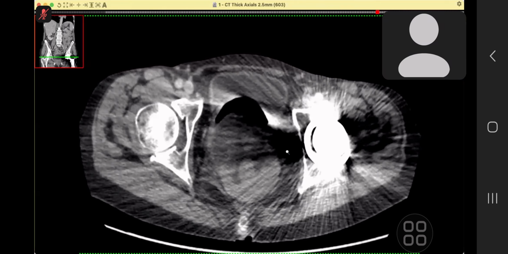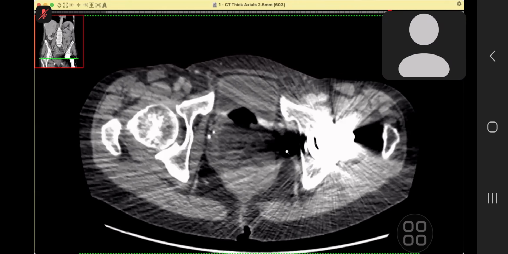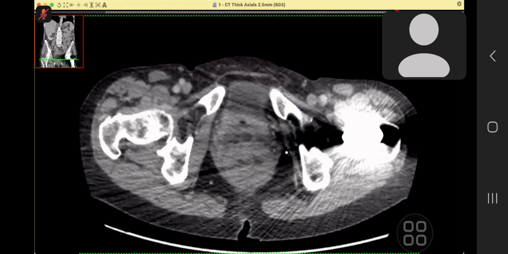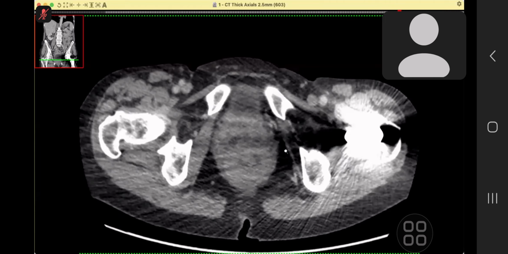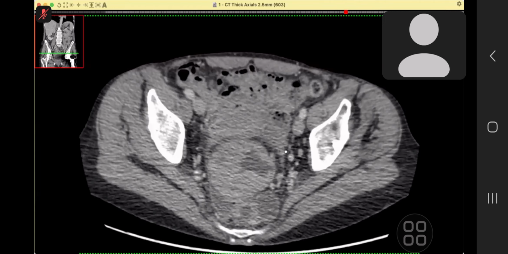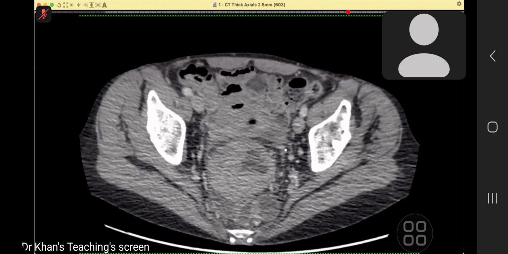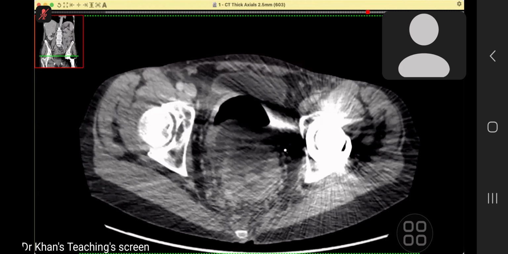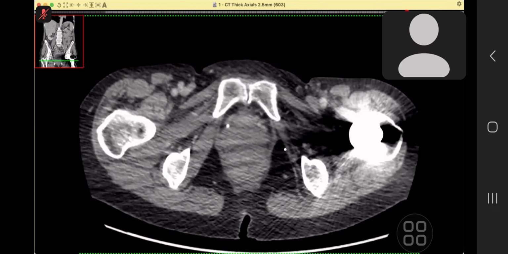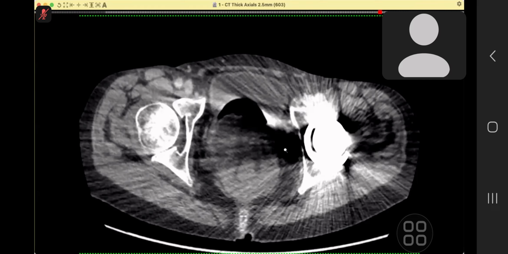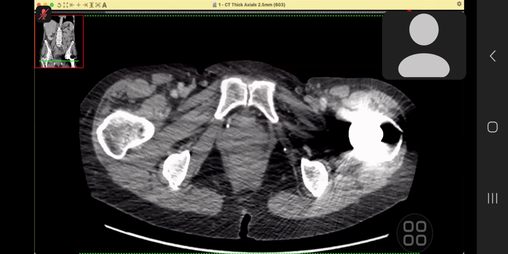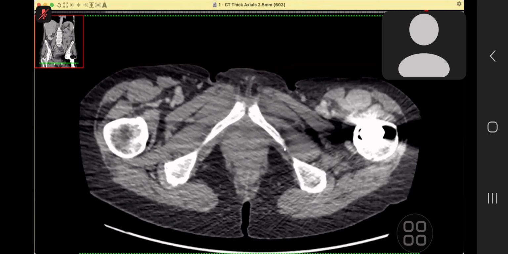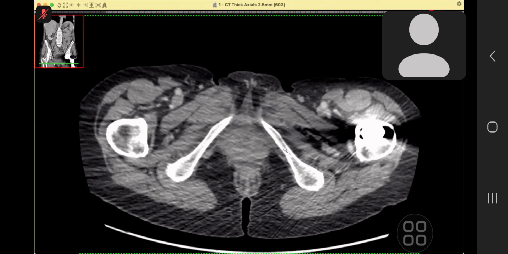I'm trying to trace the rectum. I think there is concentric thickening involving the posterior aspect. Can we go down again, please? There is concentric thickening in the anal canal and lower rectum.